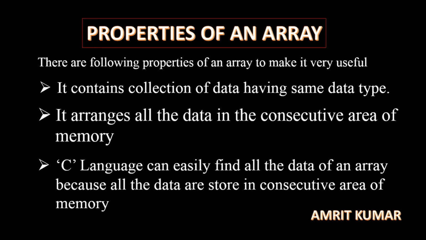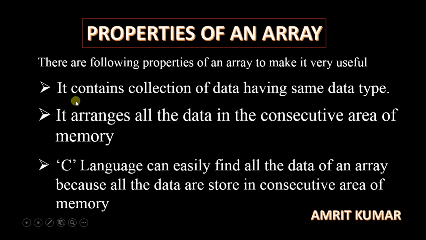The next property is that C language can easily find all the data of an array because all the data are stored in a consecutive area of memory, and that's why the array comes. Because when we were using multiple variables, there was a problem: it was taking so much time for accessing the data, and that's why the array concept came in C language.